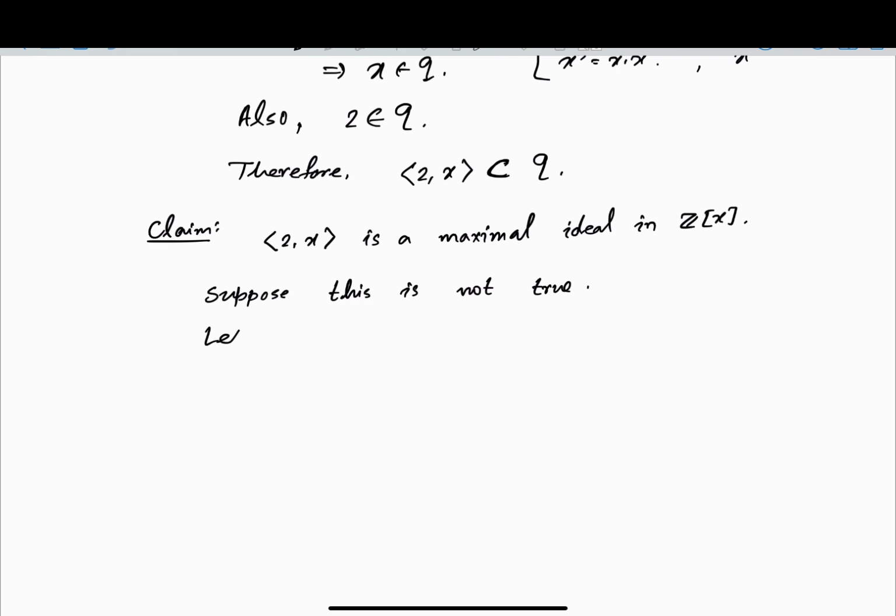Let P1 be an ideal which contains (2, x) and which is maximal. Then we will show that P1 is Z[x]. Then it means that (2, x) is a maximal ideal, right? So we will show P1 equals Z[x].